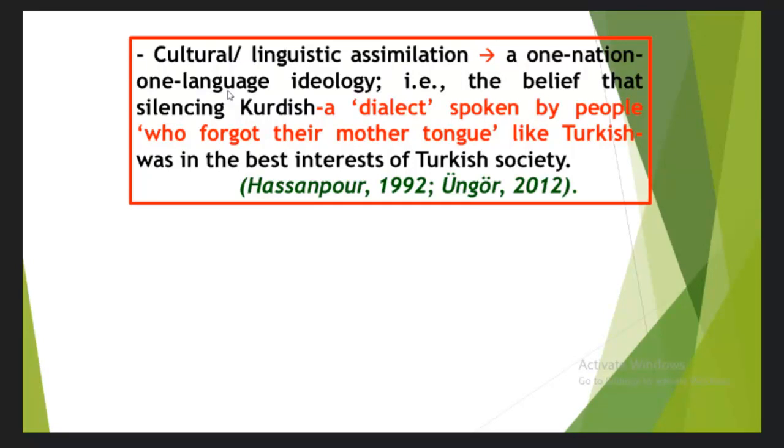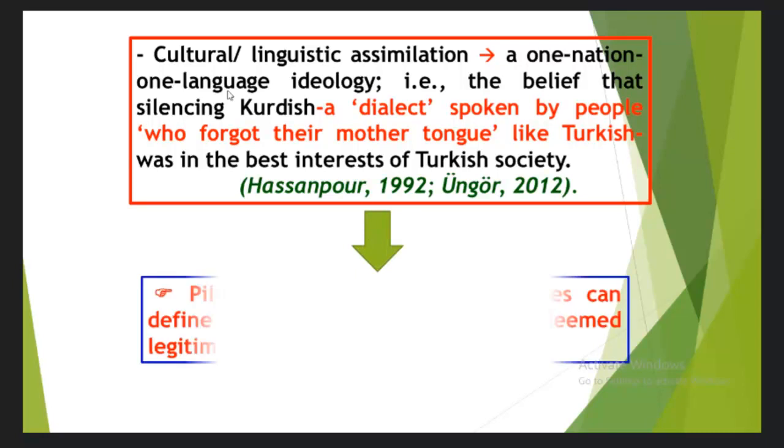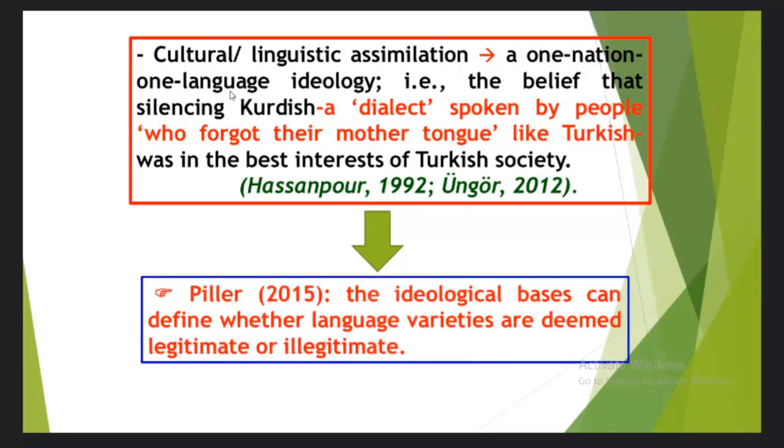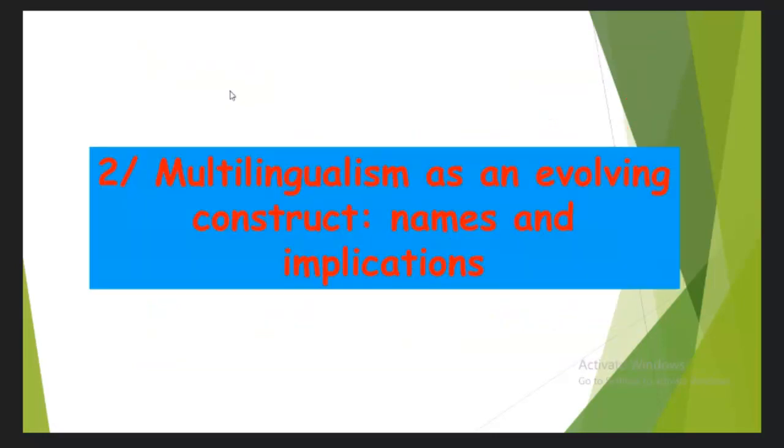So it is in the best interest of Turkish society, right? So as a result, Peru in 2015 concluded that ideology can help define whether language varieties are deemed legitimate or not, right?